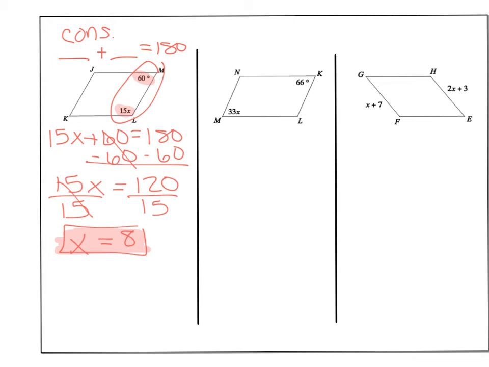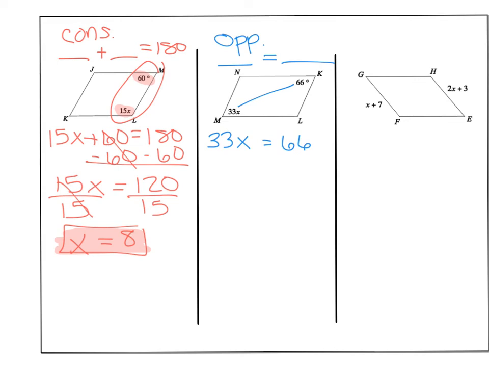With this next one, I see I'm talking about angles as well, but this time they're diagonal from each other. We call that opposite. For opposite angles, we have one angle equals the other angle because they're congruent, so they're equal to each other. I'm going to set up 33x equals 66. So I have my one angle equals my other angle.